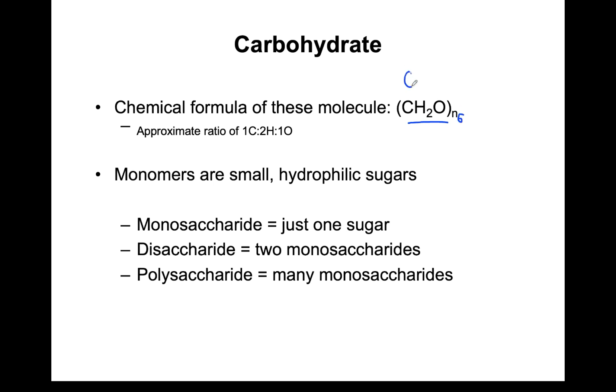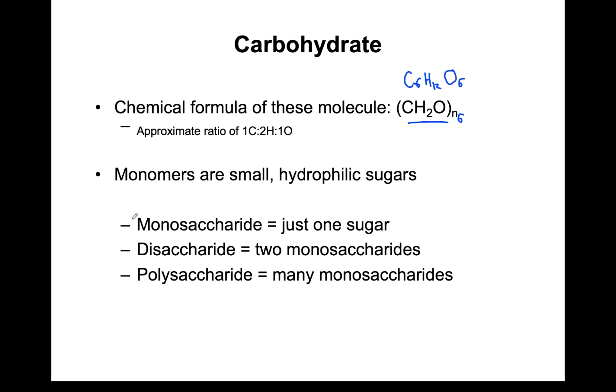Therefore, C6H12O6. This is the chemical formula of glucose. The monomers of carbohydrate are small hydrophilic sugars. So carbohydrate is a polymer. What kind of monomer forms the polymer carbohydrate?